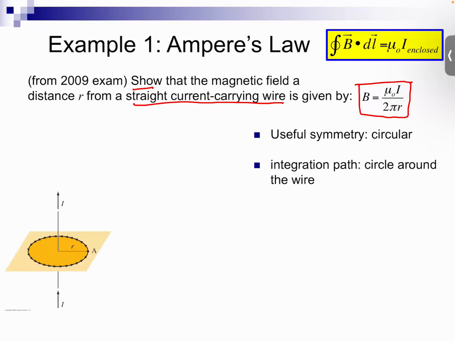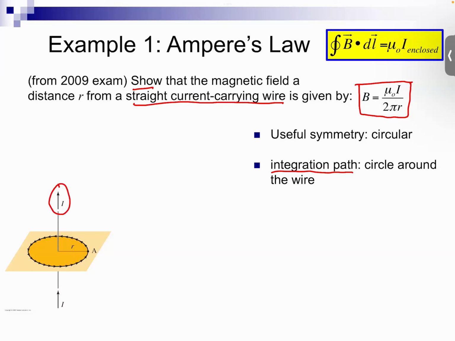So the first step is to determine the useful symmetry so that you can determine the integration path that you will use. This vertical line here represents the wire, carrying a current moving upwards.